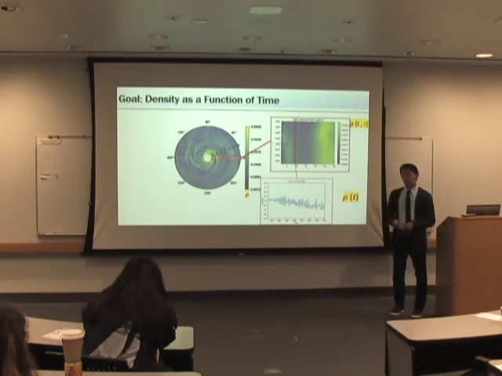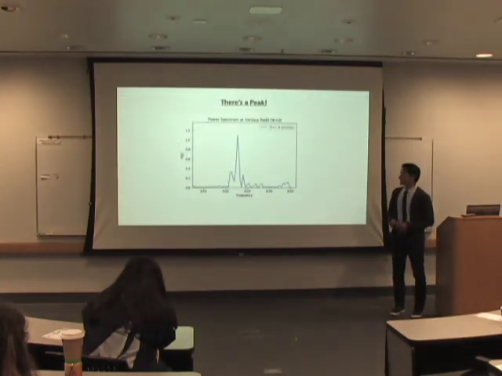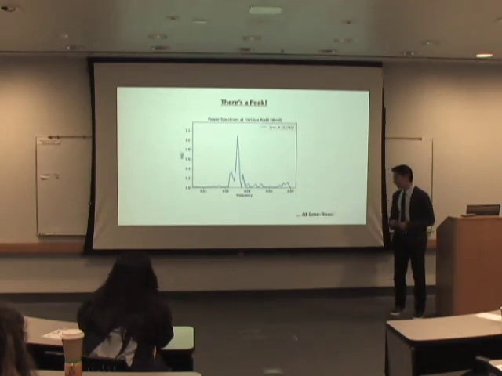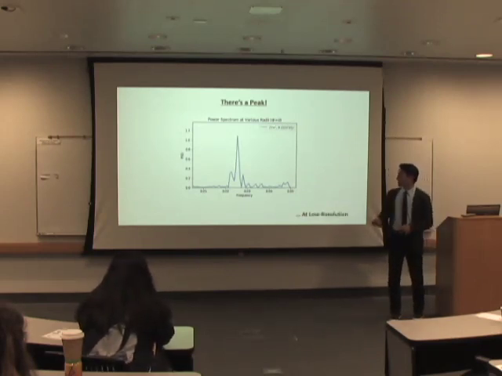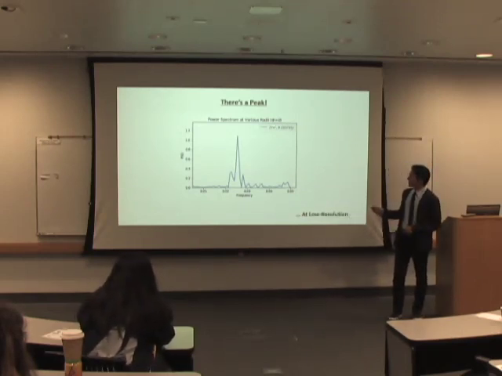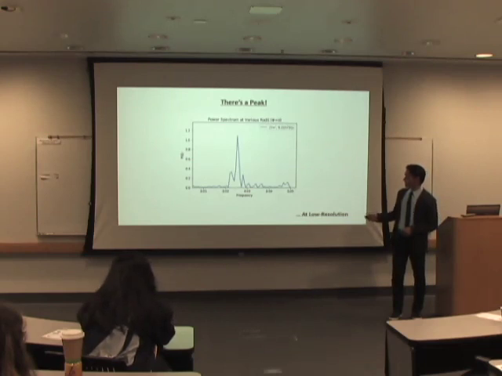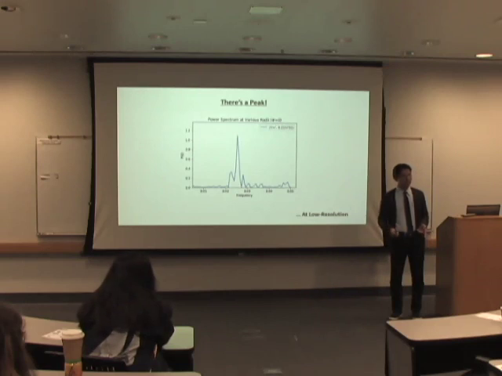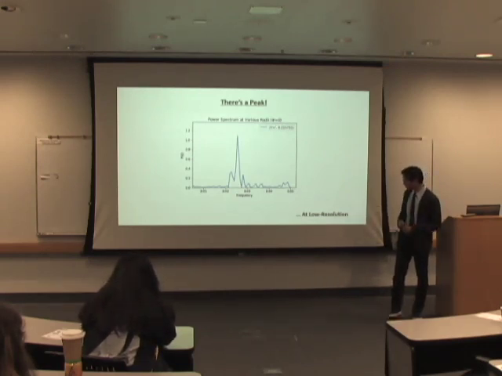When we do the Fourier analysis, we see that there is indeed a peak at low resolution. What's important is that at this radius, we have a very high peak in power at this specific frequency, which is what we would expect for this phenomenon.